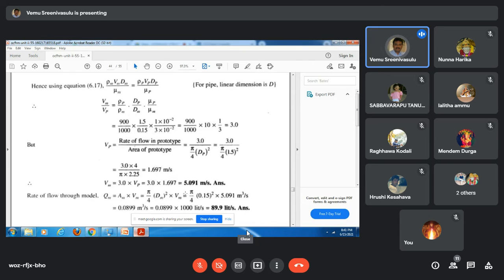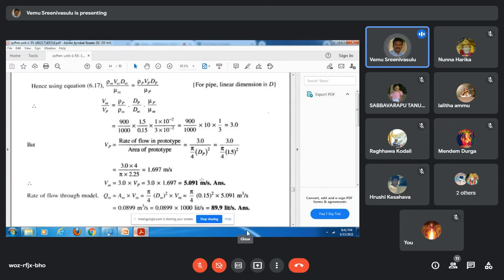Substitute Vm here, 5.09. And then it is coming 89.9 liters per second. Okay, so your discharge in the model is equal to 89.9. Your velocity in the model is equal to 5.09. Okay, and then you do the experiment on this model, and then that can be extended to the prototype.